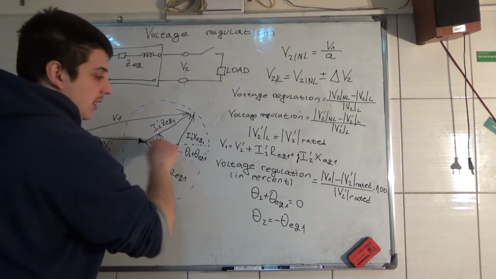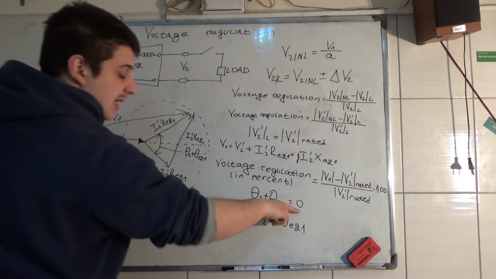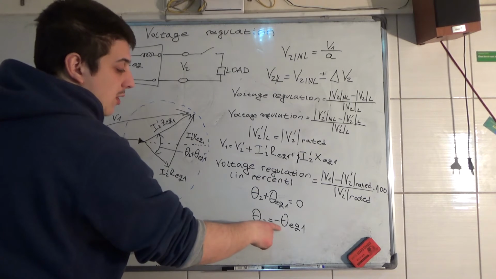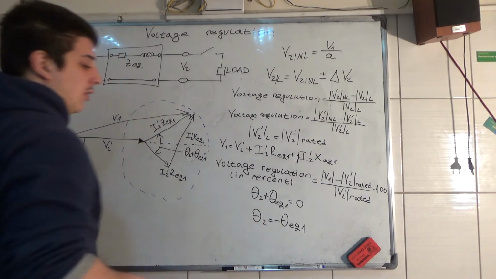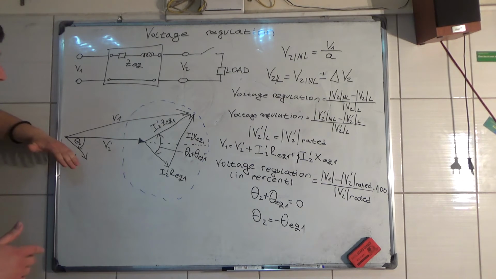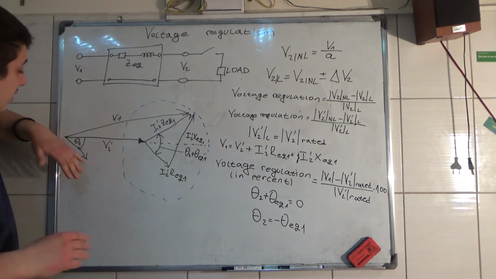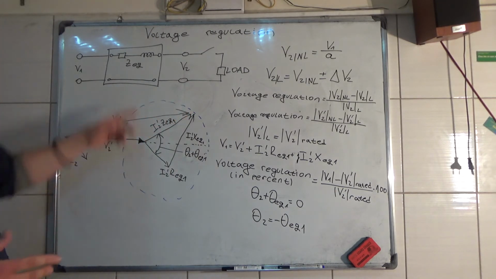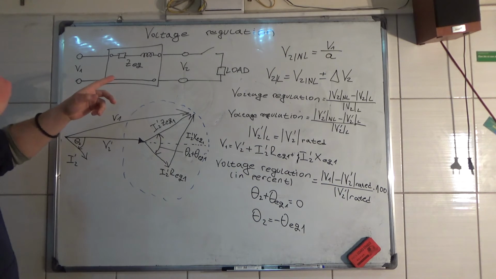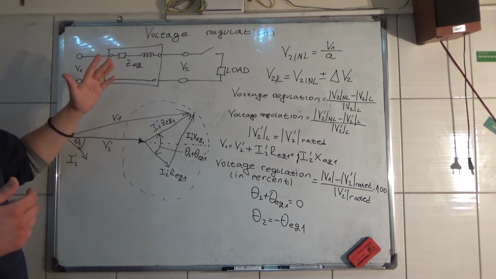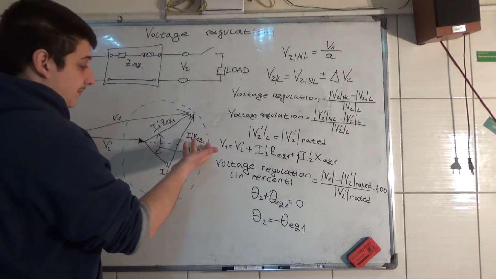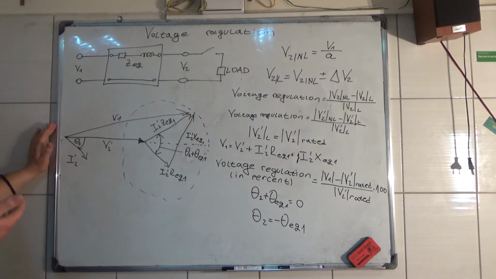So if this is equal to 0, then theta 2 is equal to minus theta equivalent 1. So if you have plus 30 degrees of phase shifting in the load, then you want an internal impedance angle of minus 30 degrees, and then this V1 is going to be highest. Okay, and I think that's it.